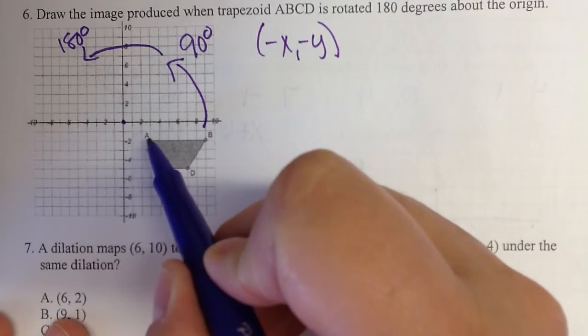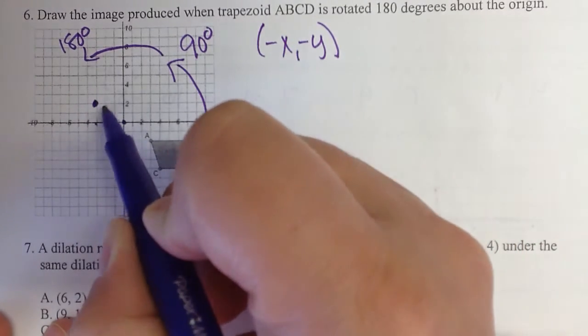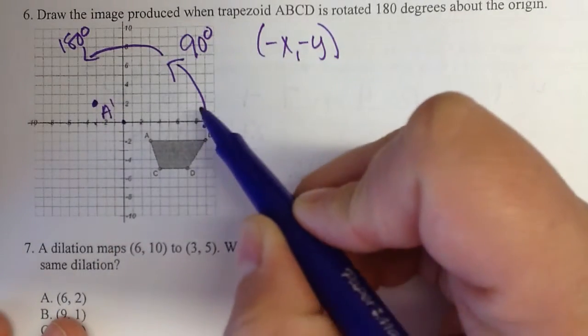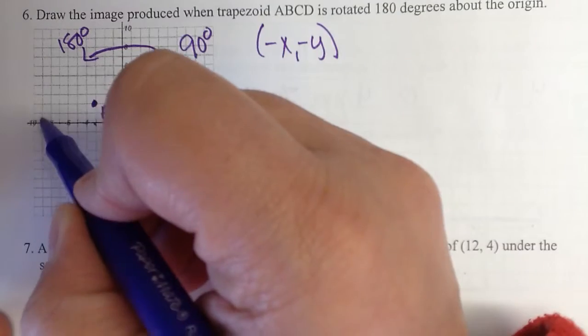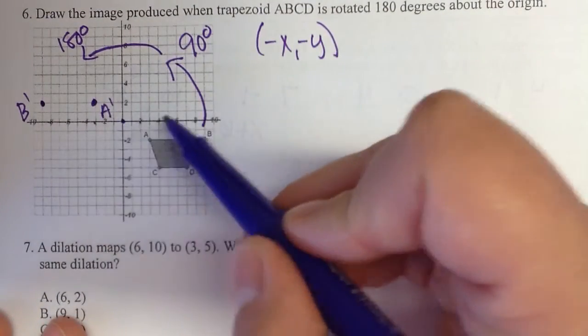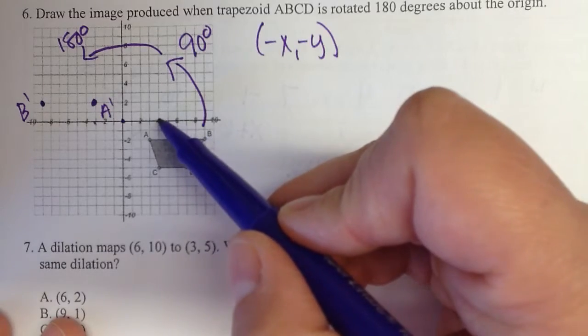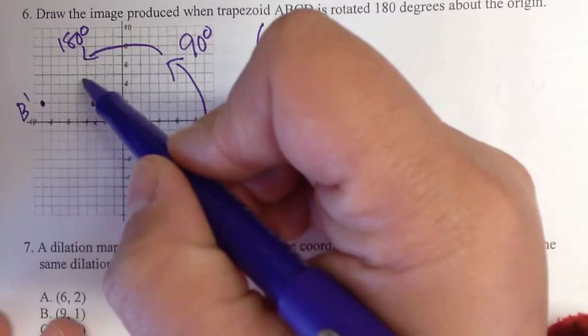So A is at 3, negative 2, so we're going to go to negative 3, positive 2. A prime. B is at 9, negative 2, so negative 9, positive 2. B prime. C is at 4, negative 5, so negative 4, positive 5.